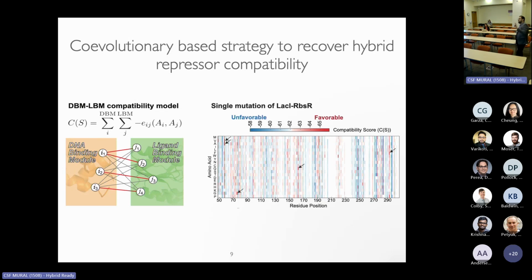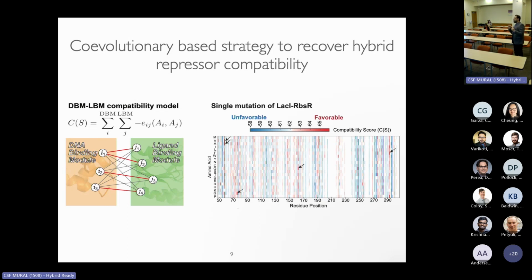In this case, the problem was relatively simple to explain. Essentially, what we wanted to do is, what happens if we cut this protein in halves, right? And then we create hybrids. So we mix and match these DNA modules, right?